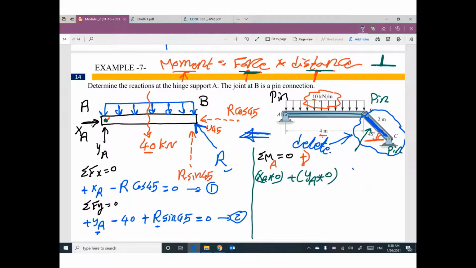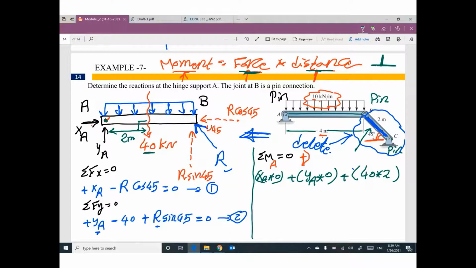We don't have distance between yA and the point A, xA and the point A. 40 times what distance? What is the distance between 40 and the point A? First, 40 and the distance are perpendicular. The distance will be 2 meters because the total distance is 4, so half distance will be 2.